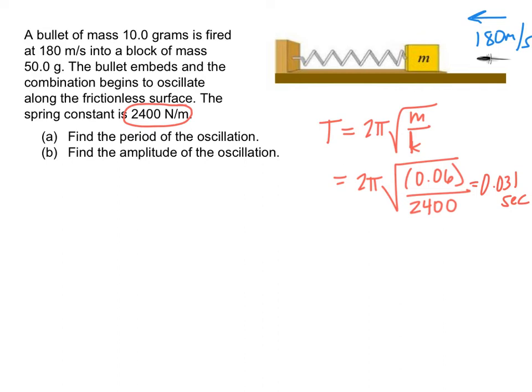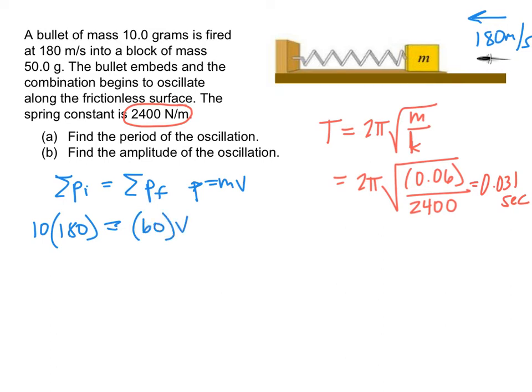So recall that if you know the initial momentum of a system, then you also know the final momentum of the system, with momentum being m times v. So we have a bullet of mass 10 traveling at 180, and it embeds in the block, so the total mass is 60 times v, and we find that our v is 30 meters per second.